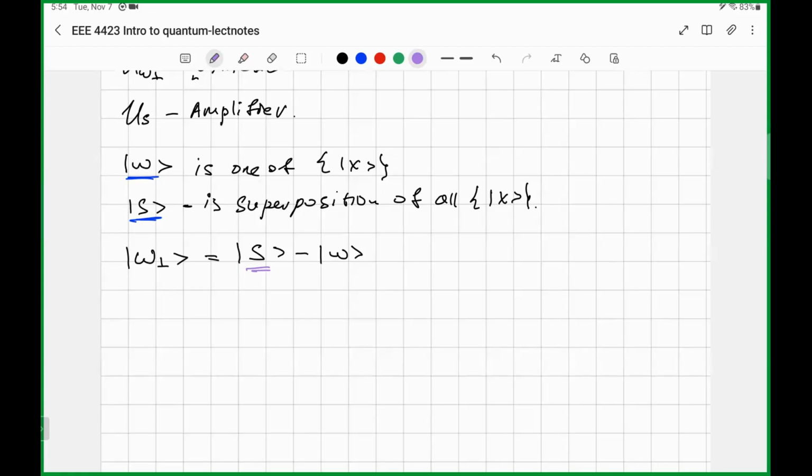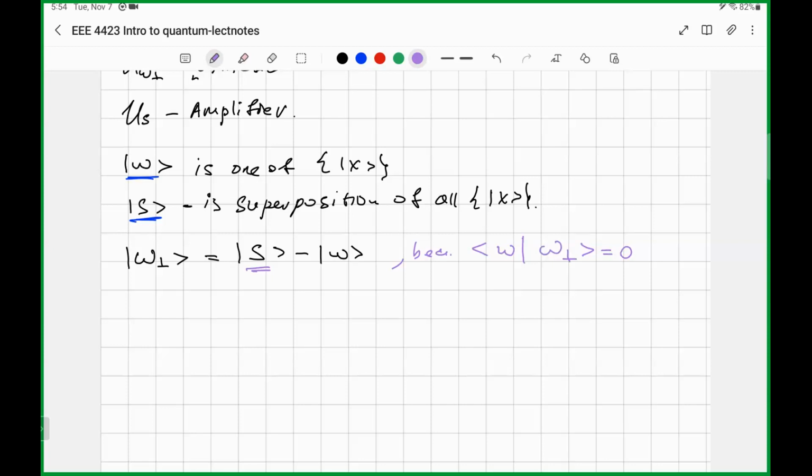And if I remove the state omega from the state S, then there will be no state which is collinear, which is parallel to the state omega, and the result will be 0. Because the inner product of omega and omega orthogonal is 0, or supposed to be 0.